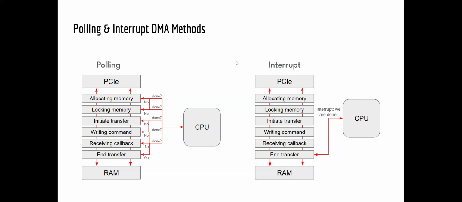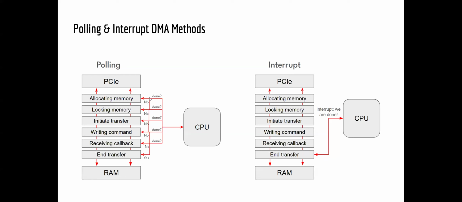Let's say the default or classic DMA method is polling. During polling, the CPU keeps asking the process or the driver, are you done? Are you done with the DMA? And if the answer is no, then it moves to the next iteration or next operation, and then it asks, are you done yet? And if the answer is no, and so on and so on.